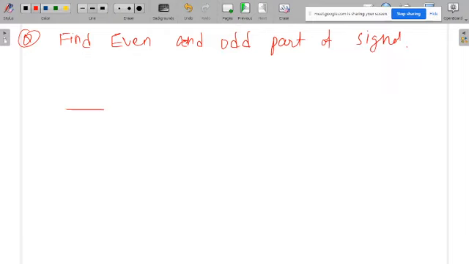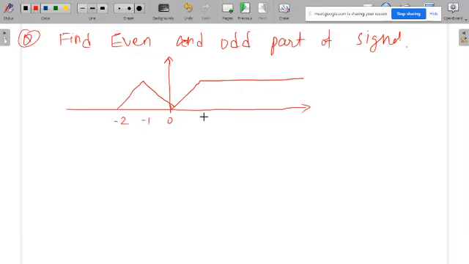The signal is like this. It has a triangle on the left side, from minus 2, minus 1, 0, and then it goes like this, 0, 1. From 1 onwards it maintains constant amplitude. This is x of t.